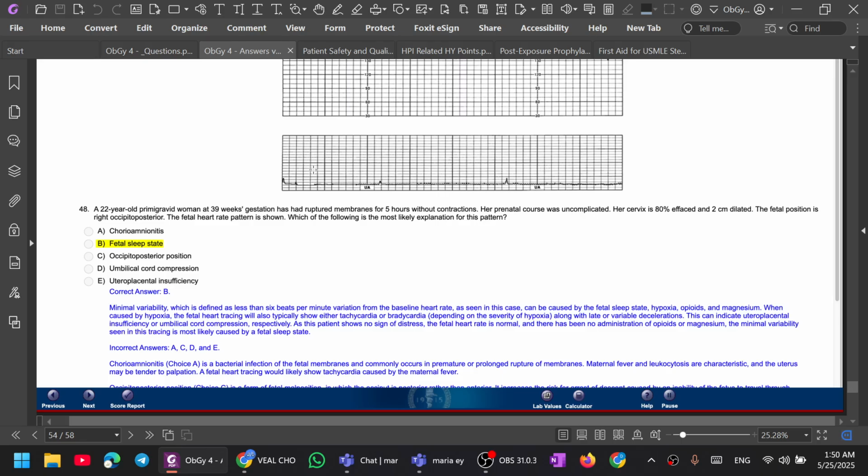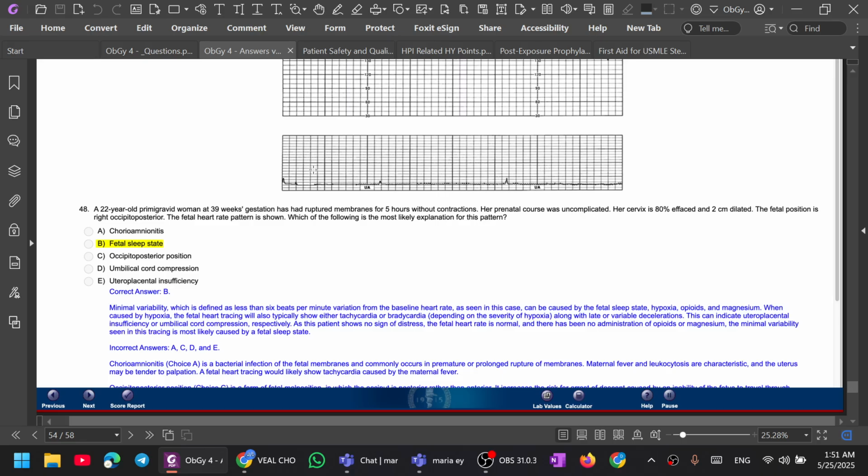Fetal sleep state. Minimal variability, defined as less than 6 beats per minute variation from the baseline heart rate, as seen in this case, can be caused by fetal sleep state, hypoxia, opioids, and magnesium.